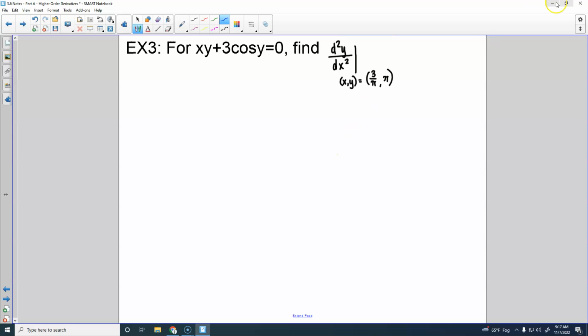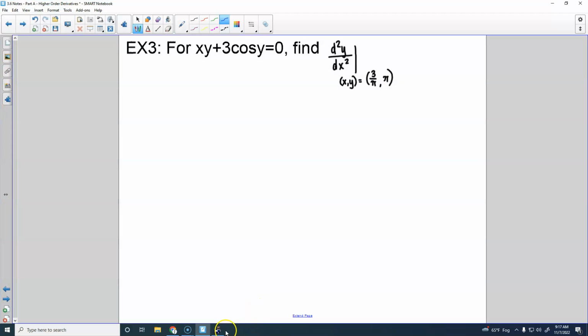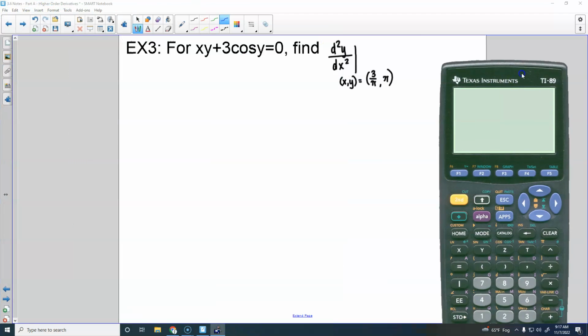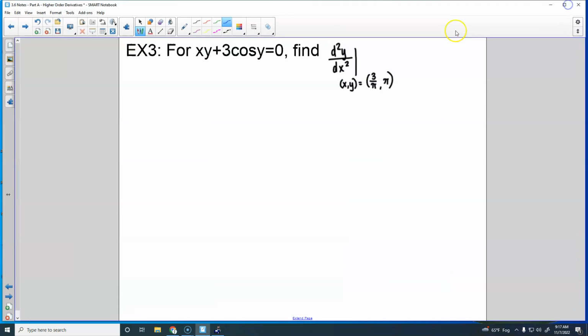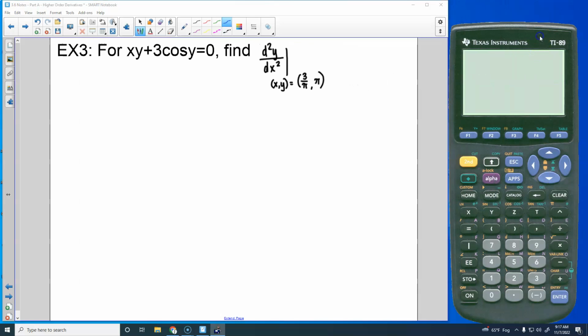Okay, and let's see, when I worked this one out, I think I'm going to make this one calculator active. I decided that this would probably be given to you calculator active. So grab your calculators there.